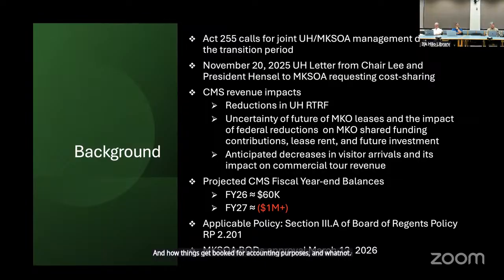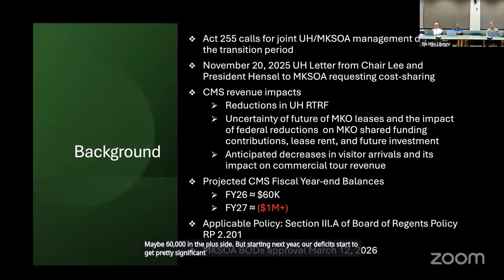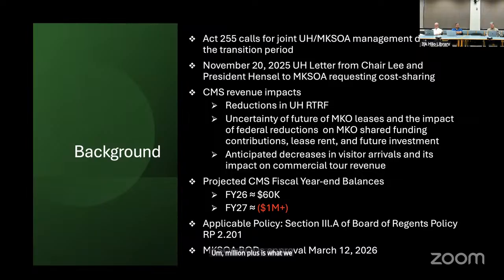But our projections are this year we'll finish maybe $60,000 on the plus side, but starting next year, our deficits start to get pretty significant quickly. A million plus is what we anticipate. So it's another reason for us seeking and negotiating this cost sharing agreement.